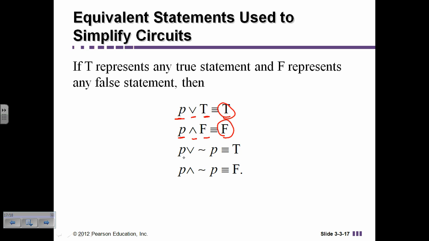If P is true, then the negation of P would have to be false. And I could do the same thing and say if P is false, then the negation of P is true. But either way, with the or statement, one of them has to be true, therefore the result has to be true. And the same thing with the and statement, since one of them has to be false, the result has to be false.